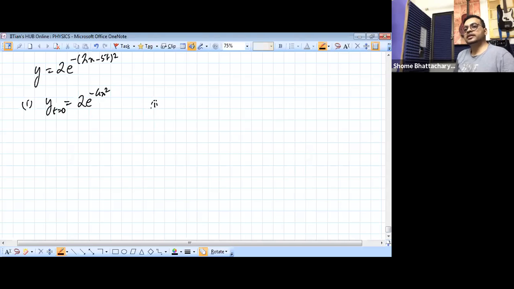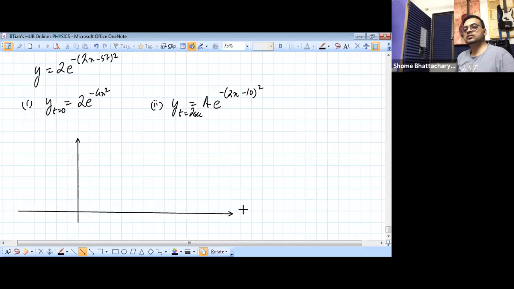Okay. Then we want to plot it at t equal to 2 seconds. It becomes (2x minus 10) whole square. Okay. So you can see that is that exponential pulse kind of graph that we had seen. But at t equal to 0, the pulse's peak is at the origin.